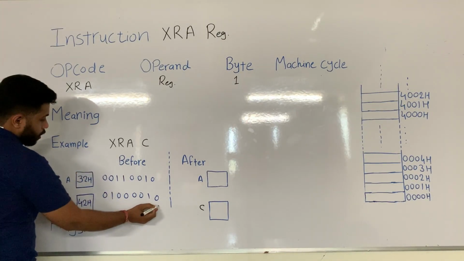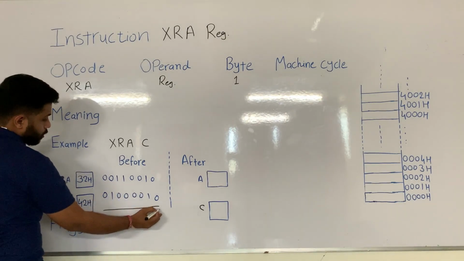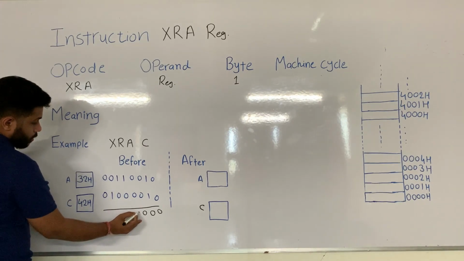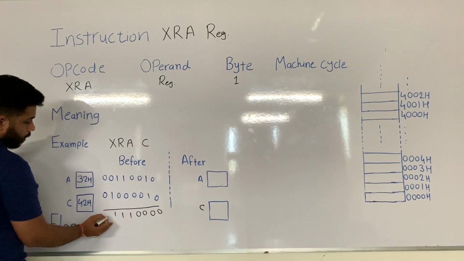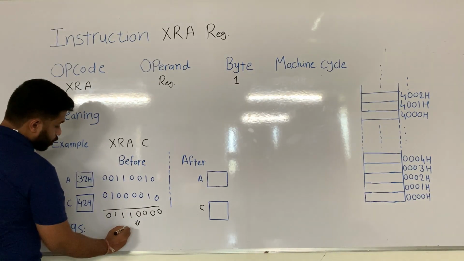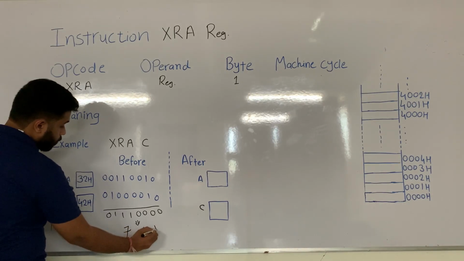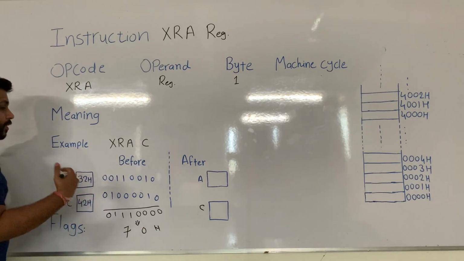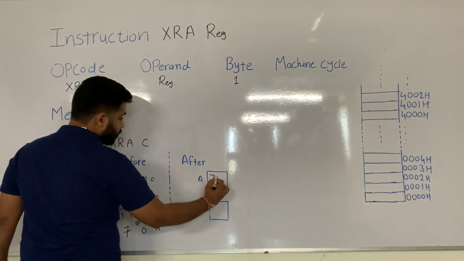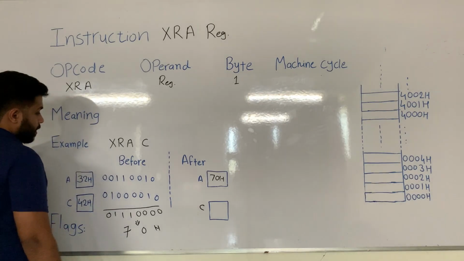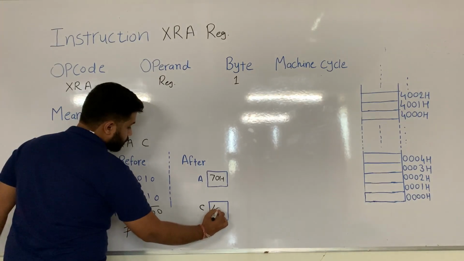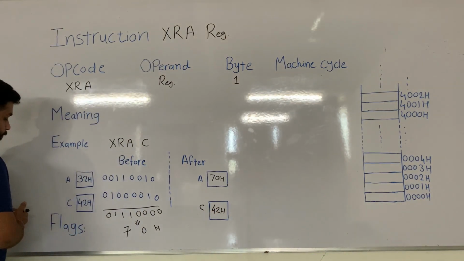If you convert the result into hexadecimal, you will get 70H. So after execution, you can see that in the accumulator the answer will be 70H, and in register C the data will remain unchanged. So in register C the 42H will be there.